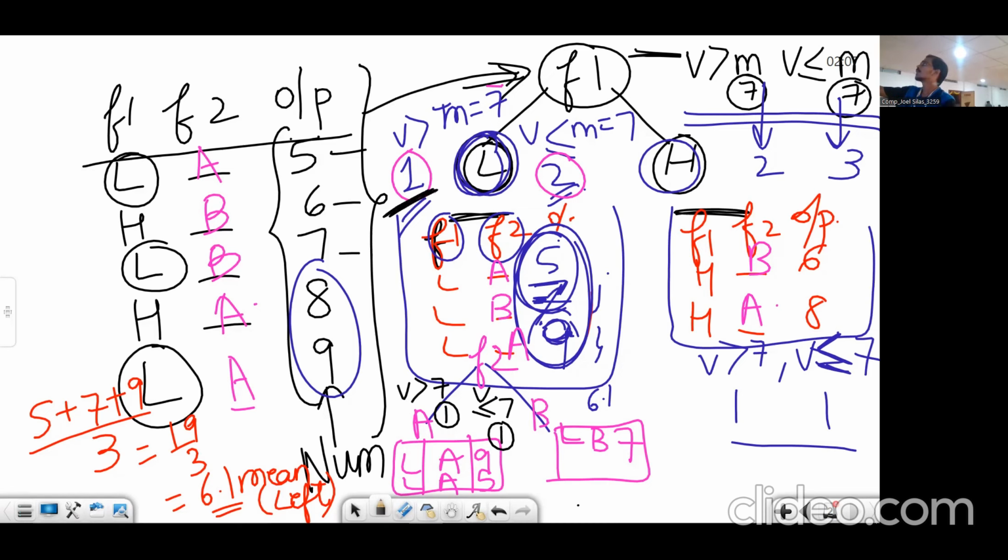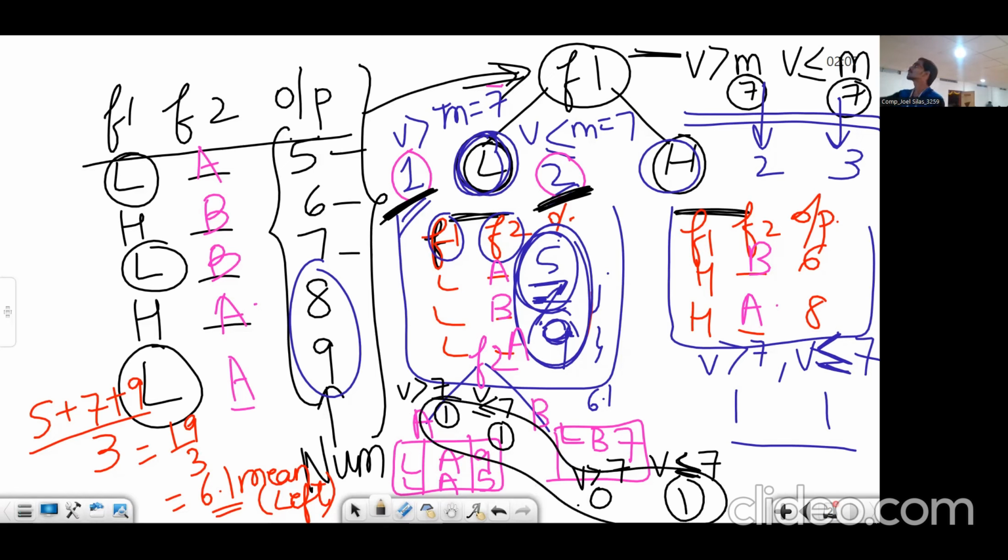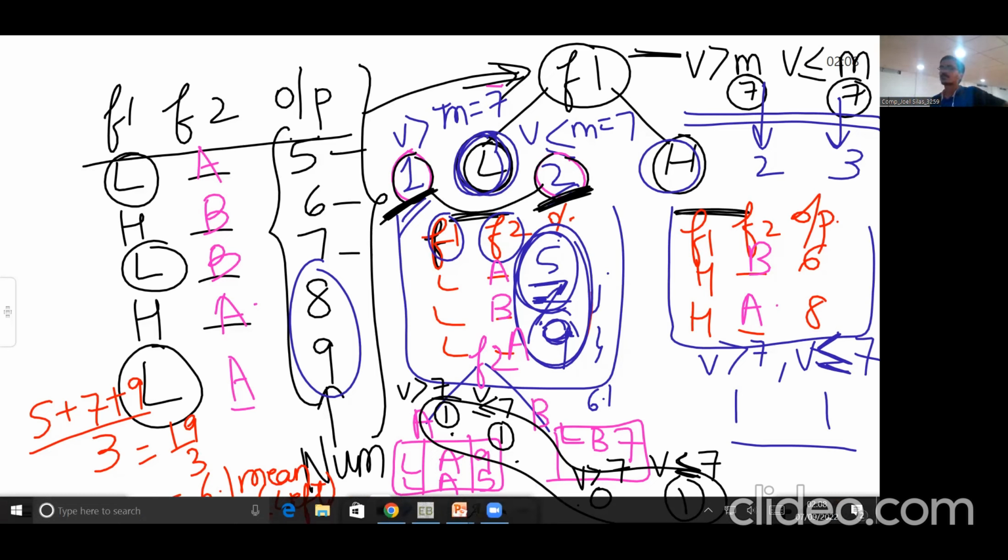See here, we have 1 greater than 7 and 2 less than or equal to 7. So 1, 1. Now there is only 1 remaining, that is less than or equal to 7. So here, values greater than 7, we have 0, and values less than or equal to 7, we have one. And we know that the summation of all these values should be equal to the summation at this end. So here the total is 3, and here 1 plus 1 plus 1 is also 3.